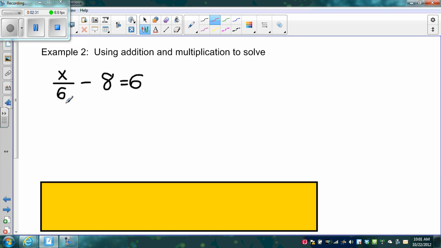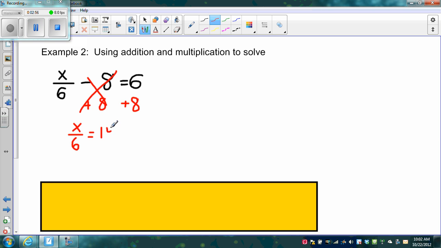You can multiply everything by 6, but everything needs to be multiplied by 6, including this 8. So it's always easiest and less steps if you start by canceling out whatever is not associated with the x first. So in this case, these would cancel, leaving us with x over 6 equals 14.